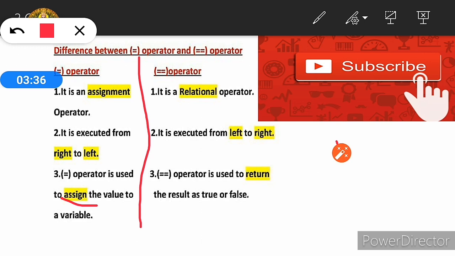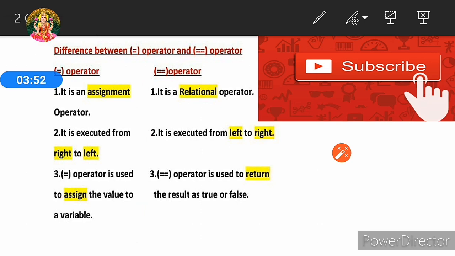So the functionality is clear. And what does the == operator do? It relates the two variables and returns the value as true or false. So students, is it clear? Is the difference crystal clear to you?